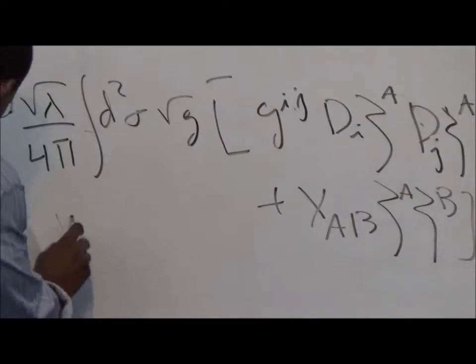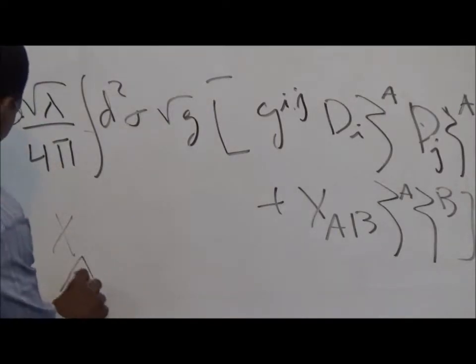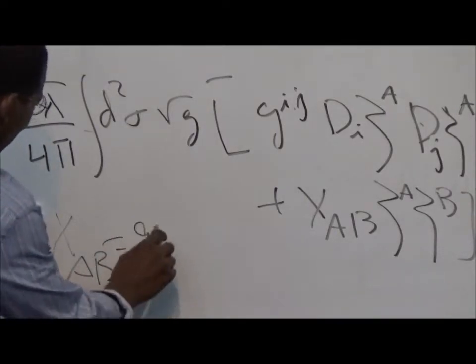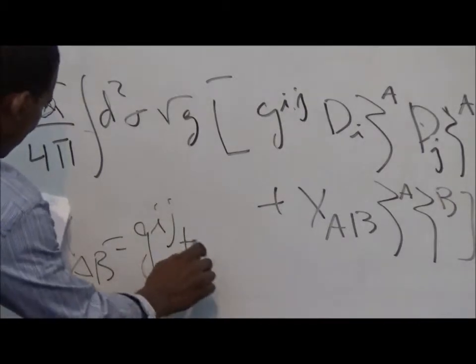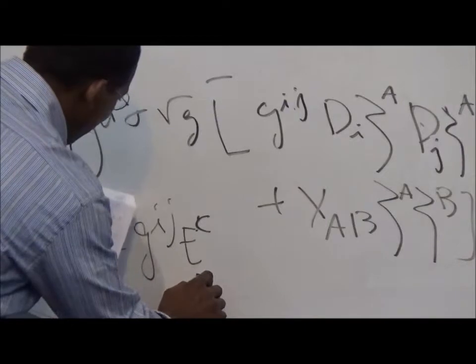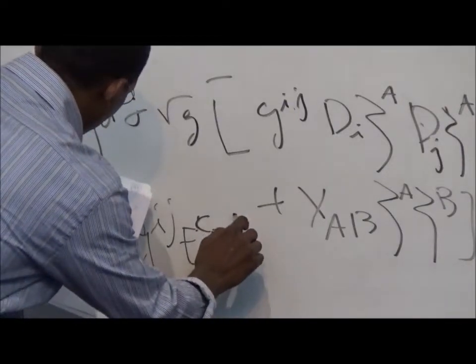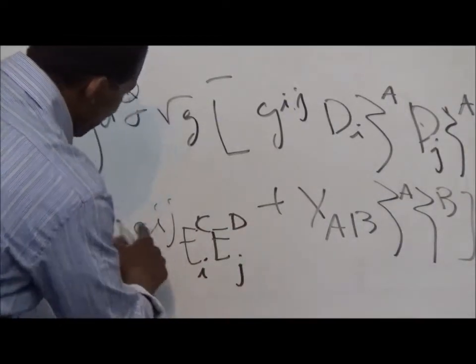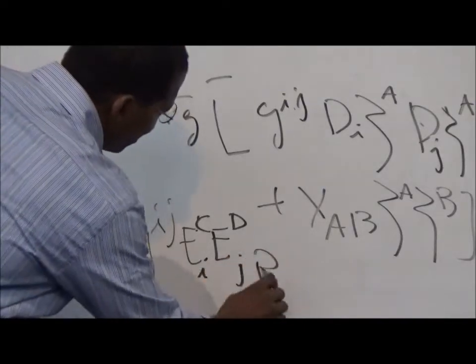So let me write this formula to convince you a little bit that what I have done here is very geometrical. This is the worldvolume, and this is the Riemann tensor.